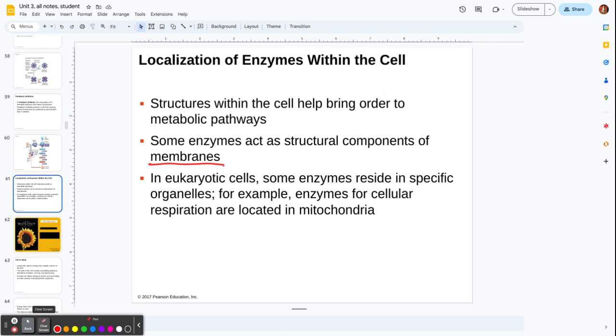When we get to cell respiration in just a minute, that will be the mitochondria. We'll talk about how there are enzymes embedded in the membrane of the mitochondria that are helping facilitate the production of ATP. So there's all sorts of places that you can find enzymes, but they're usually located close to where they are going to be needed, which makes sense.